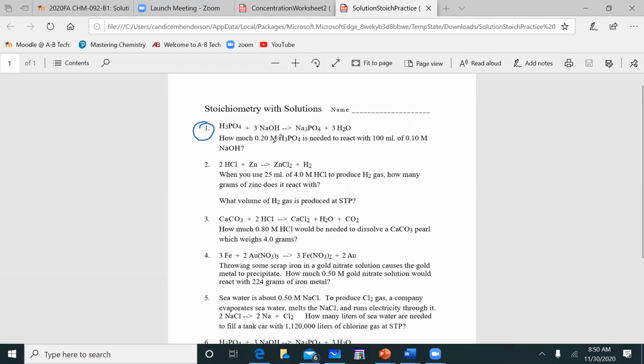How much of a 0.20 molar H3PO4 solution is needed to react with 100 milliliters of a 0.10 molar NaOH solution? So we're going to break this down. The first thing I want you to do is write down the problem. And then I want you to tell me what compound A is, what compound B is, what your knowns are, what your unknown is, and then convert anything that's in molarities to moles per liter and any volumes that are in milliliters to liters. So let's start with just getting that set up.